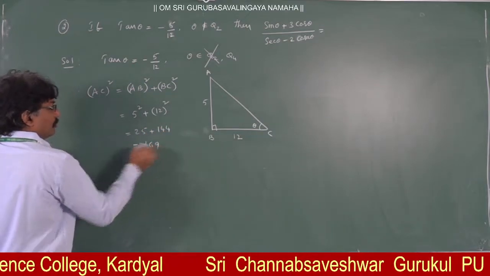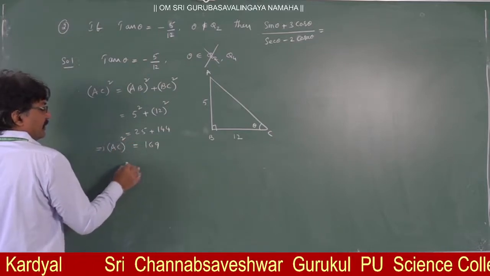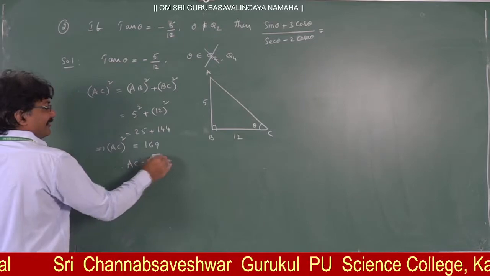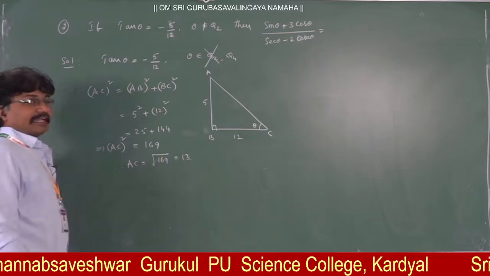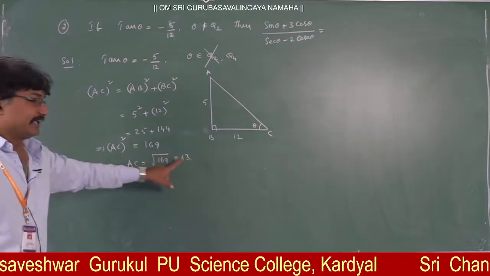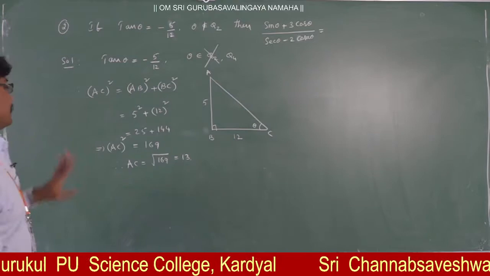That is equal to 169. This is the value of AC square. Therefore, AC is equal to root of 169, which is 13. This is the value of AC.